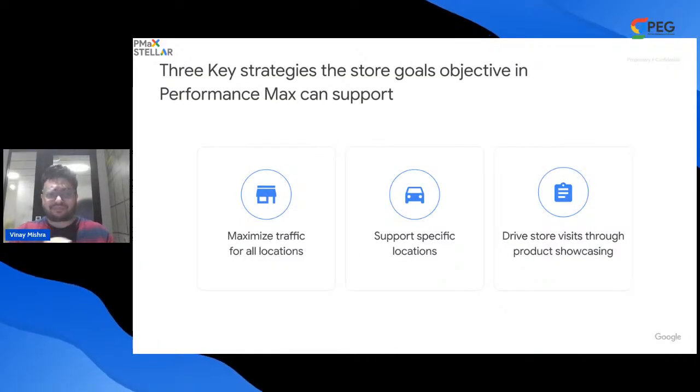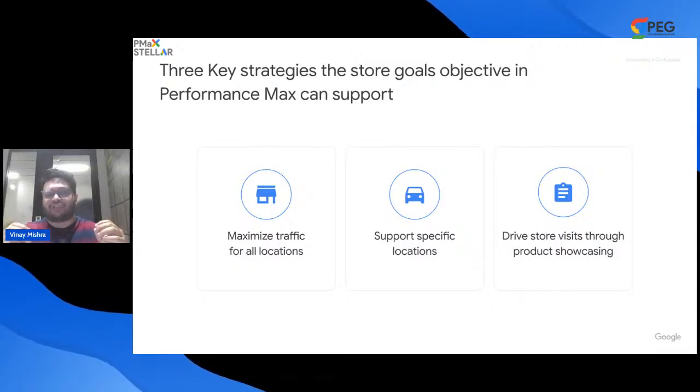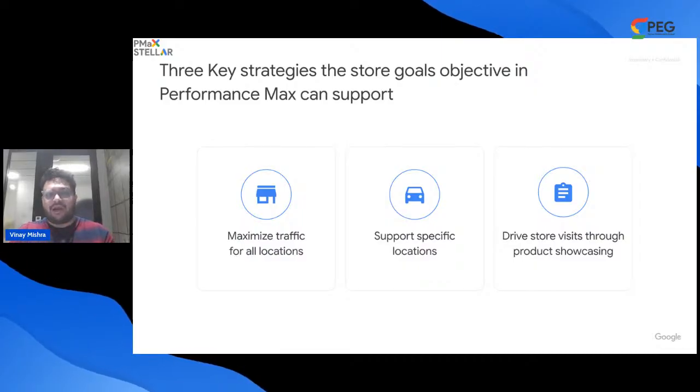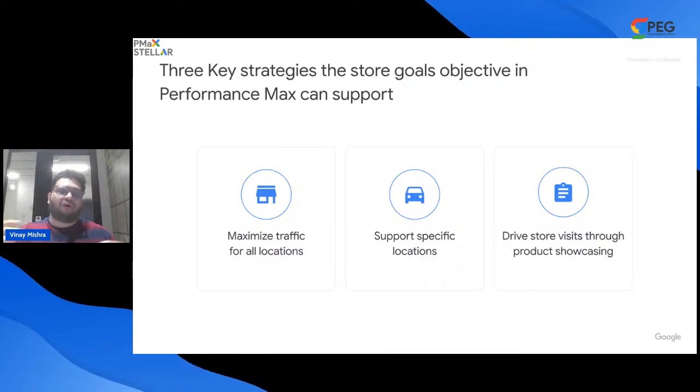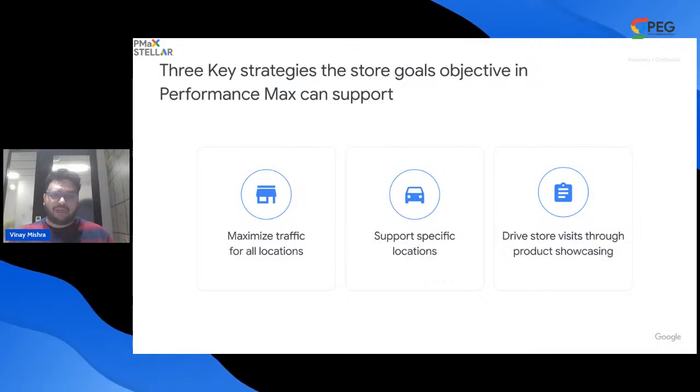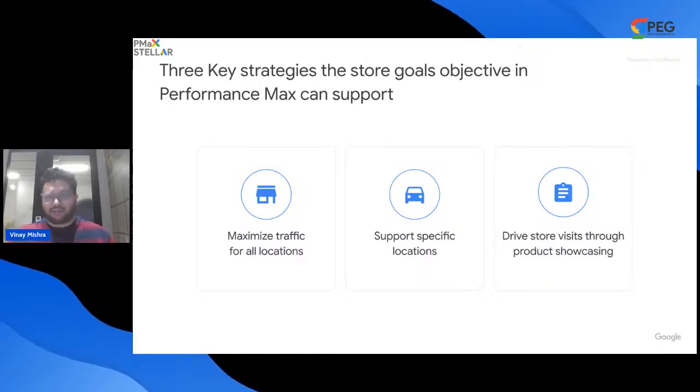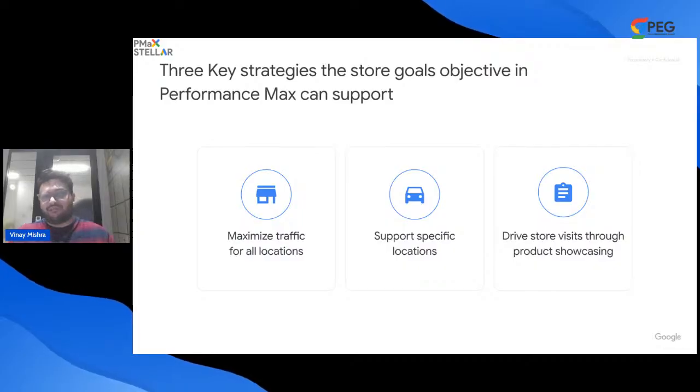Now, these are the three key strategies that we would suggest you have when we are talking about the store goals objective that Performance Max can support. First, maximize the traffic for all the locations that you have. Understand that if your business is in multiple locations, always focus on driving more traffic to all the locations, because there is always scope for improvement, there is always competition, and there is always a maximum amount of traffic that we can achieve across different locations.